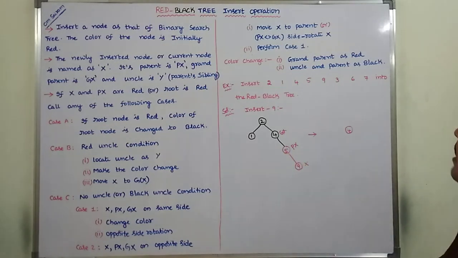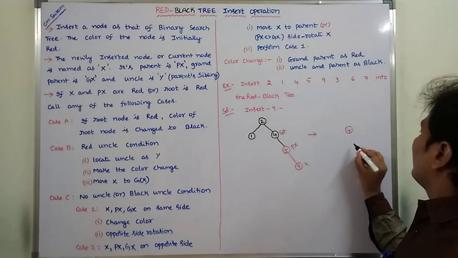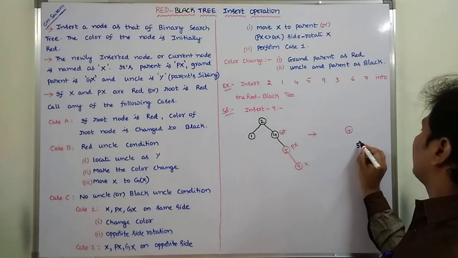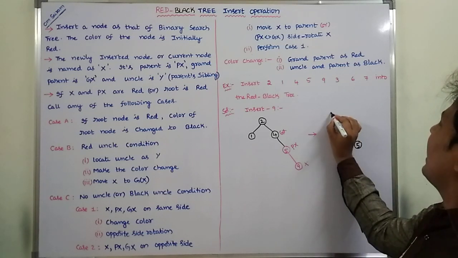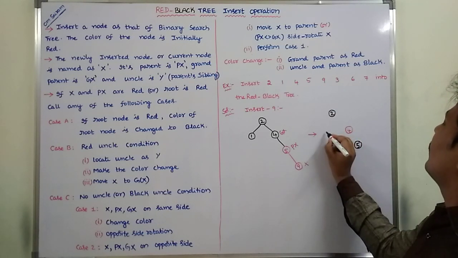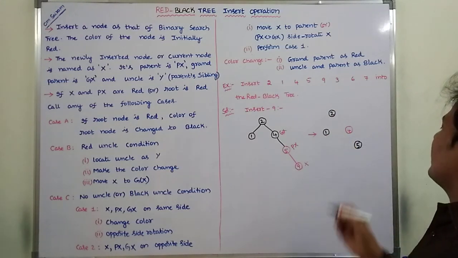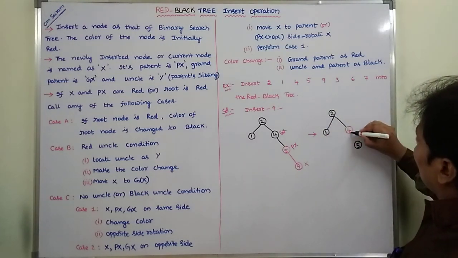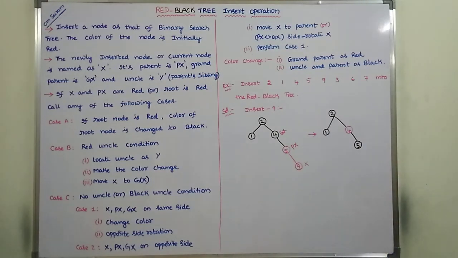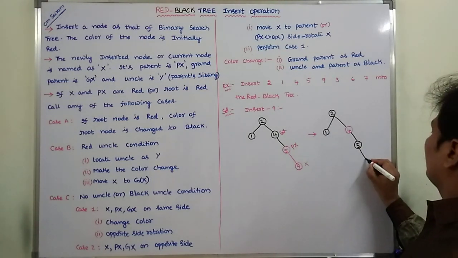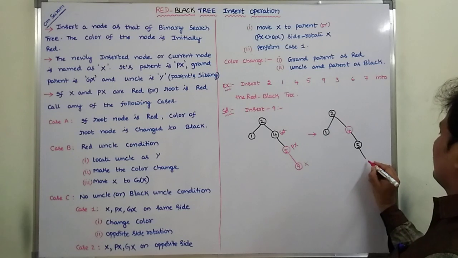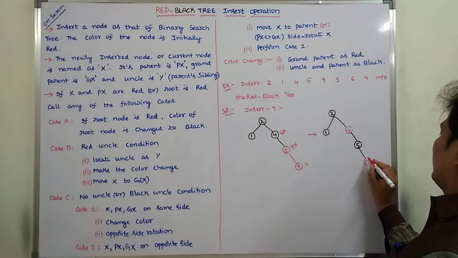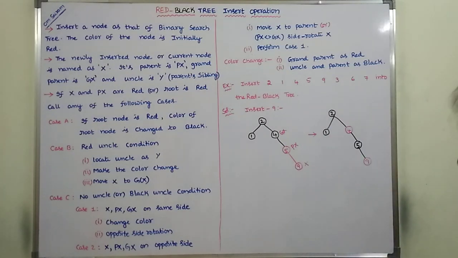Here the uncle is not there, only the parent is there. The parent is black. The remaining nodes are the same: 2, and 1 is there. Next, 9, there is no change.